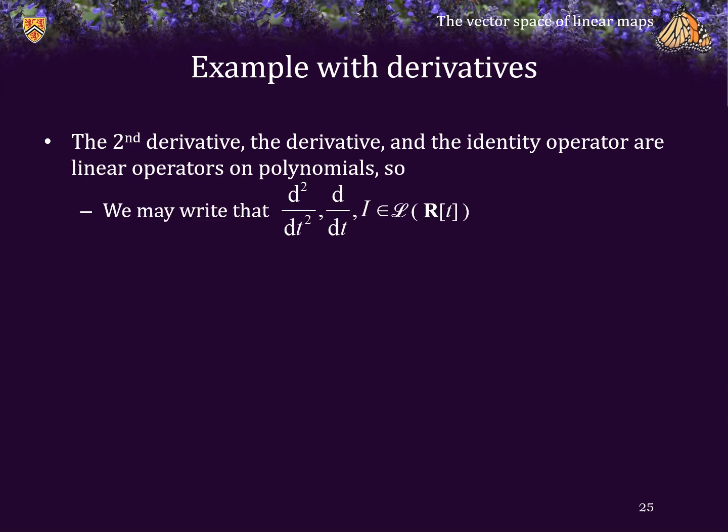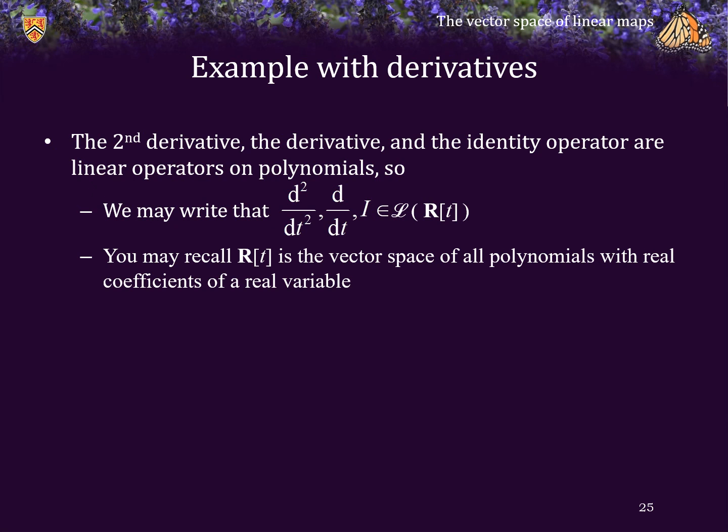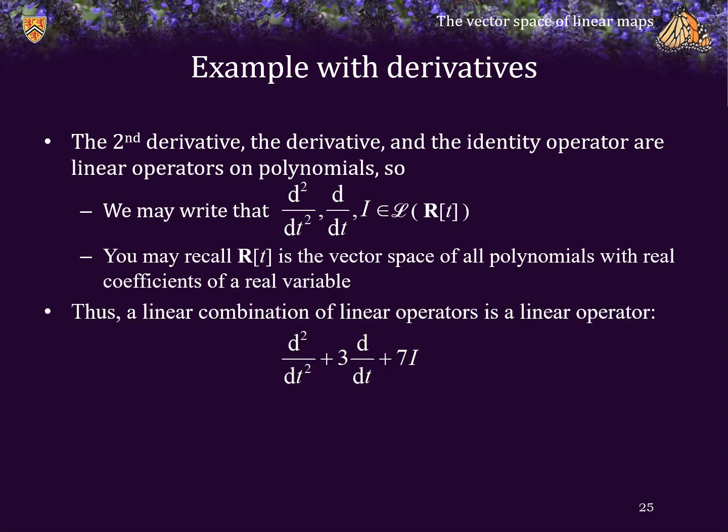Consequently, we may write that d squared by dt squared, d by dt, and the identity map are all elements of the collection of all linear maps mapping real polynomials in T onto real polynomials in T. You may recall again that bold-faced R with T in square brackets is the vector space of all polynomials with real coefficients of a real variable T. Now, these are all linear operators, and therefore a linear combination of these operators is also a linear operator.